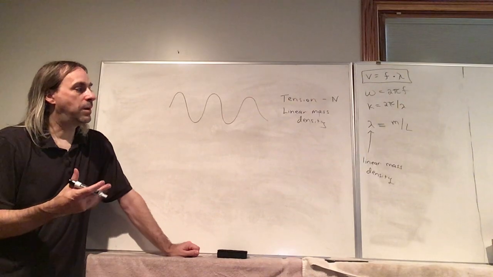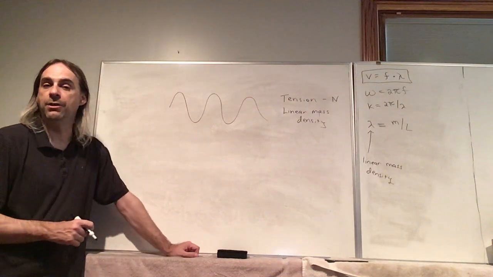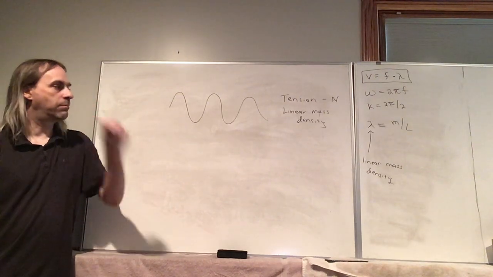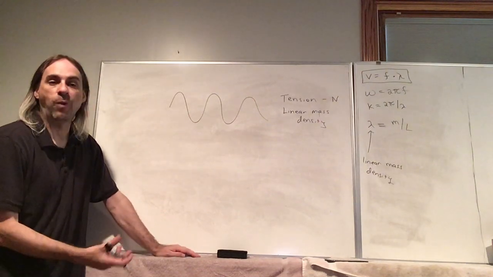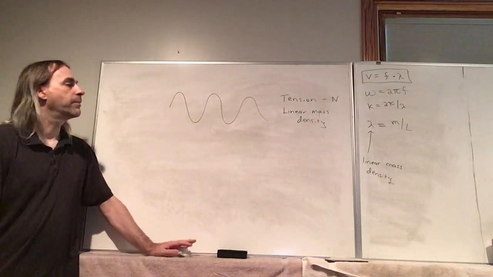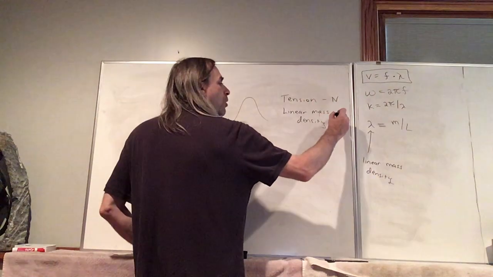For a string, the basic SI units would be kilograms per meter. But strings usually don't weigh in the kilograms, so we probably use grams per meter, or even milligrams or micrograms. But the basic SI units would be kilograms per meter.